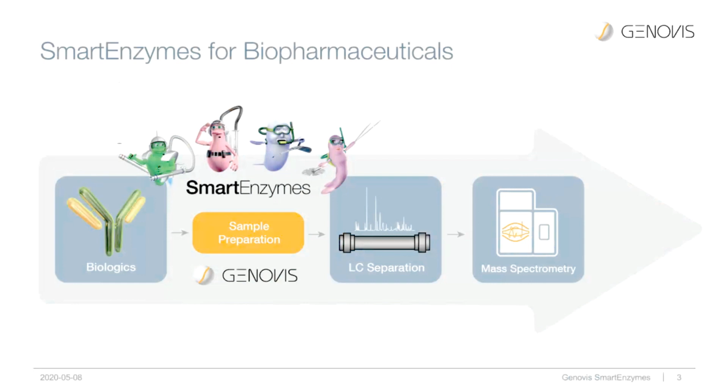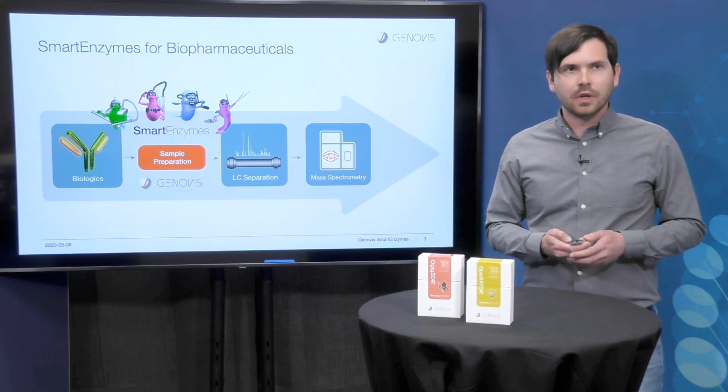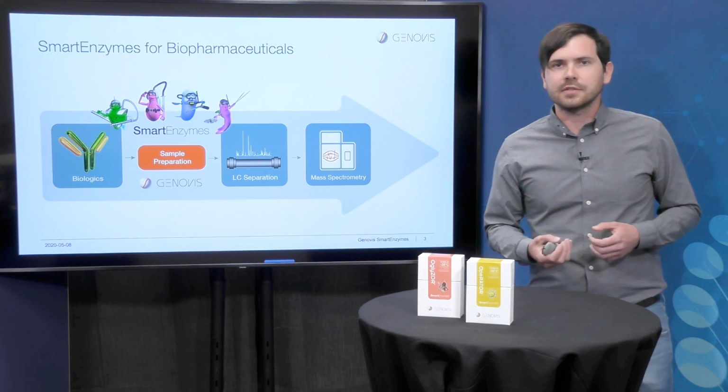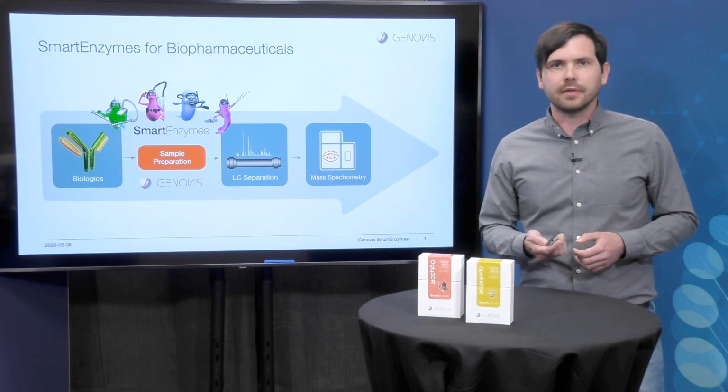And we see here a pronounced need for quality reagents for sample preparation to make defined digestion of these very complex molecules, so as to get the most out of your LC-MS analyses. And that's where Genovis and the Genovis smart enzymes come in.